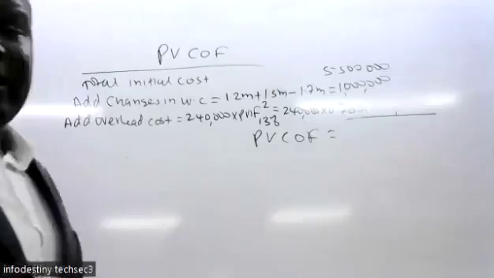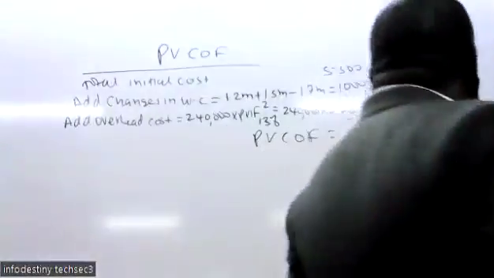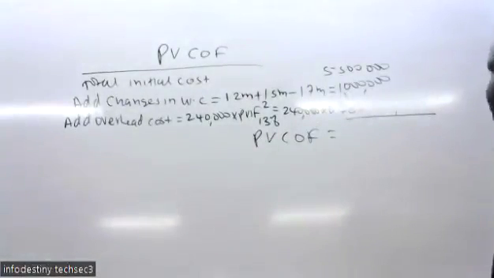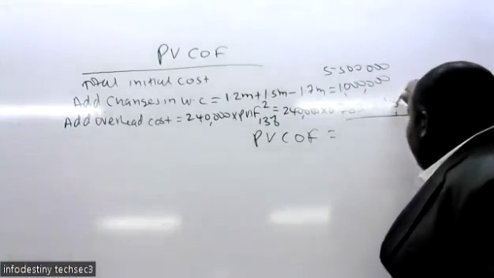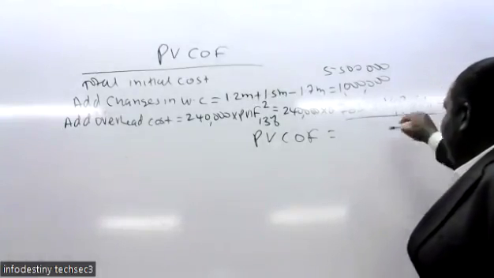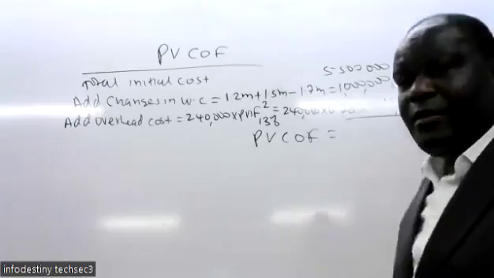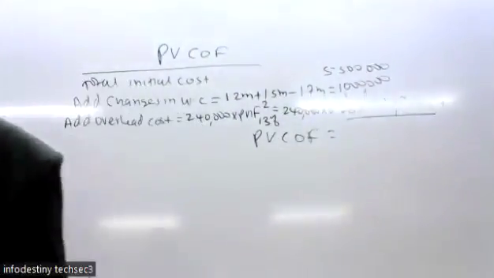So when you multiply that one, 240,000 by 0.7831, it is supposed to be 187,944. So you add them together to give you the present value for the cash outflow.